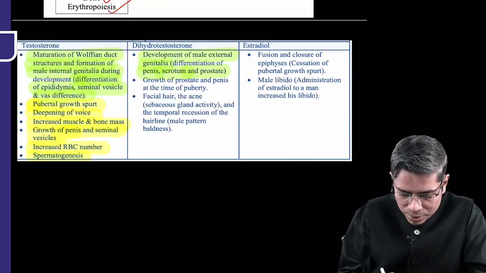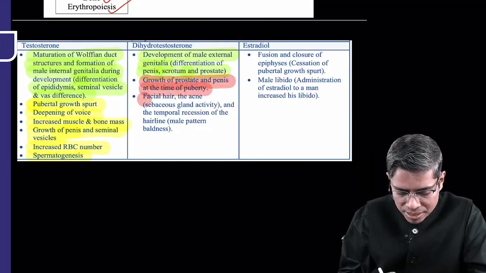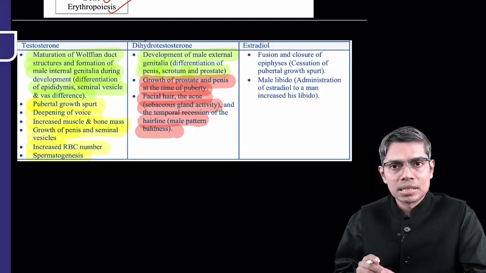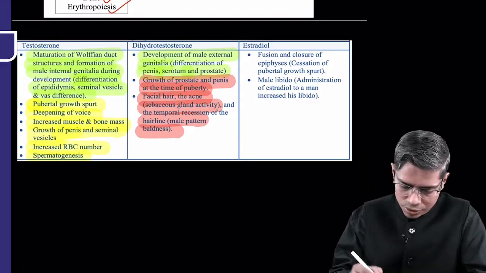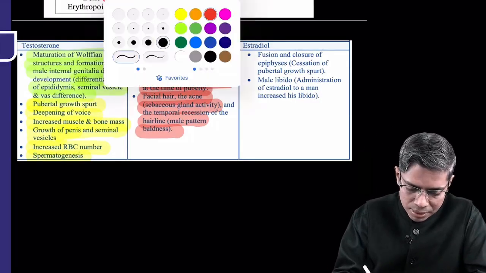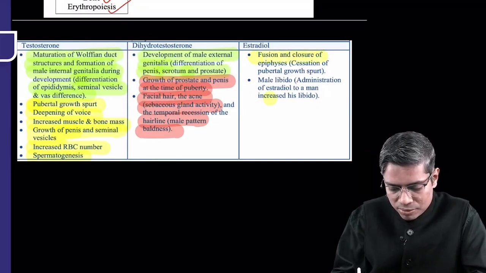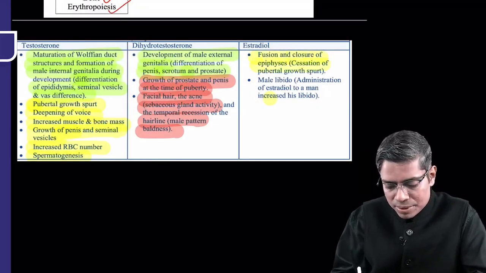It is responsible for growth of the prostate and penis at the time of puberty. It is responsible for development of facial hair and acne. It increases sebaceous gland activity, and male pattern baldness is also under the control of dihydrotestosterone, right? Now the last one, the function of estradiol: it is responsible for fusion and closure of the epiphysis.